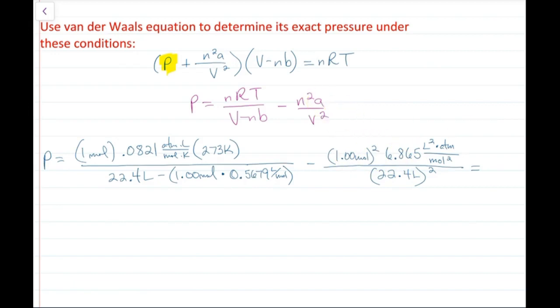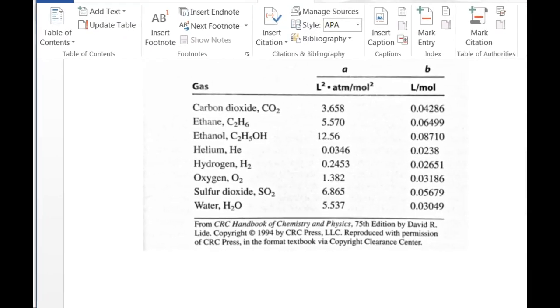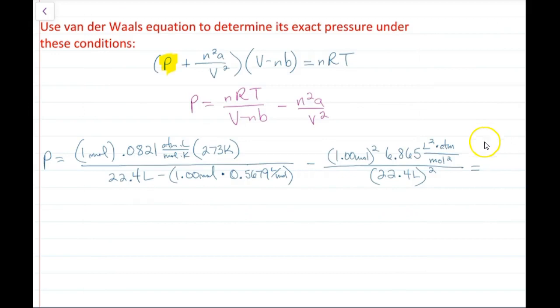The a value, again, from the table. This has to do with the attractiveness or the van der Waals forces for the SO2 gas. 6.865 liters squared times atmospheres over moles squared. And that's going to be all over volume squared, which is 22.4 liters squared.